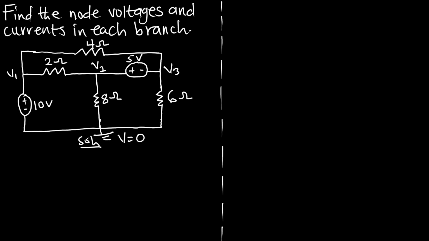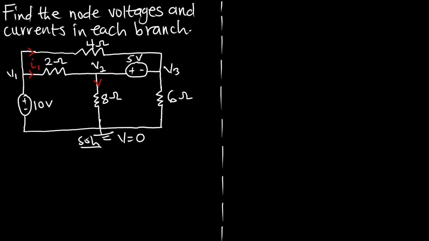This current will pass through this part and this part. So I will call this my I1. We know that I1 is also going this way, and it is going to split into this part and this part. But because there's a voltage source in this branch, I'm going to forget about assigning current. Are you okay?